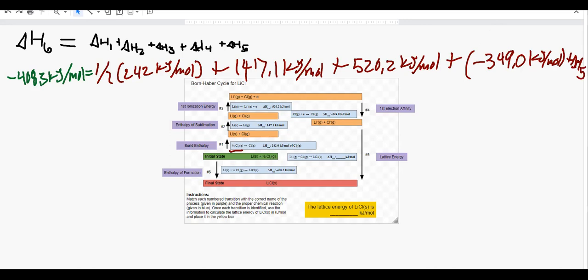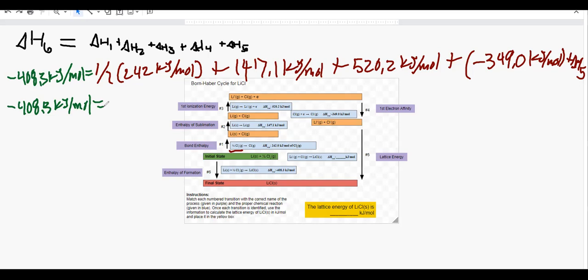So I'm going to condense this down a little bit. This becomes negative 408.3 kilojoules per mole. This becomes 121 plus 147.1 plus 520.2 minus 349.0.